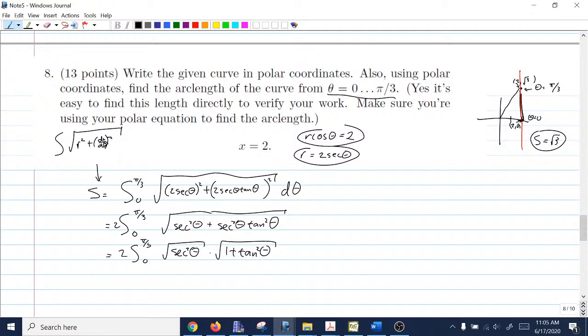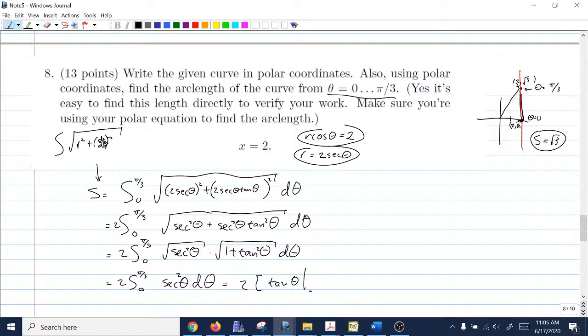On this interval from 0 to pi over 3, cosine is positive, so secant is positive, so the square root of secant squared is just secant. This is secant. This is square root of secant squared, also secant, so I get secant squared. The integral of secant squared theta is tangent theta. I'm doing the integral now, so the integral goes away.